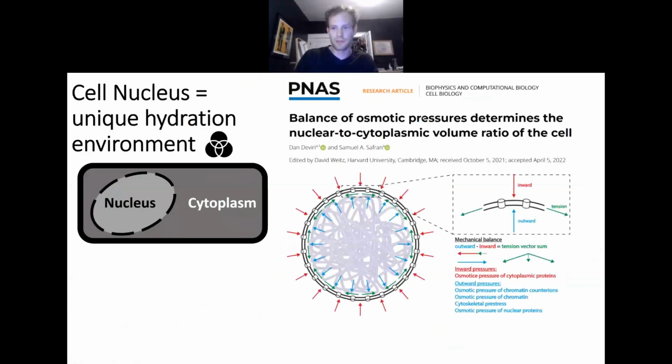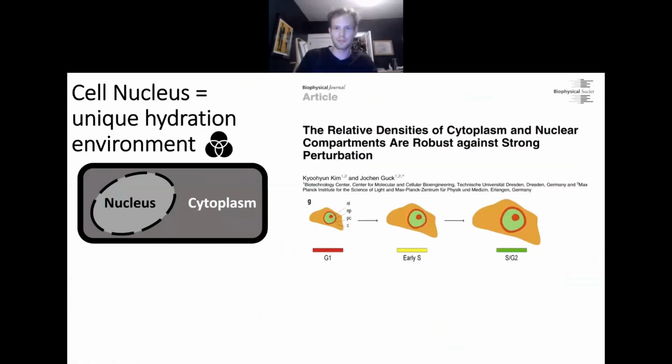And I'm not the only one proposing this. This is an idea taken from a theory paper called Balance of Osmotic Pressure Determines the Nuclear Cytoplasmic Volume Ratio of the Cell, published in 2022, which is saying the same kind of idea. And it borrows from a study done by this group where the relative densities of cytoplasm and nuclear compartments are robust against strong perturbation.